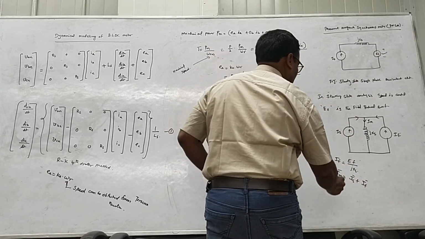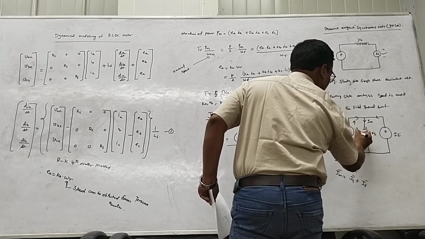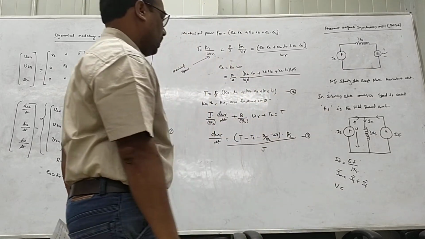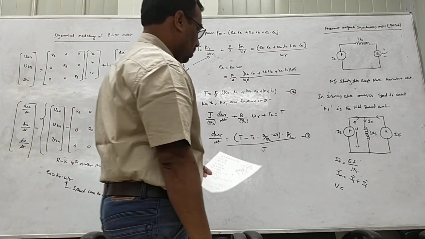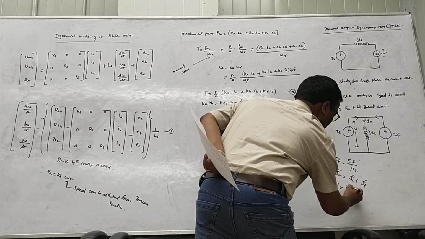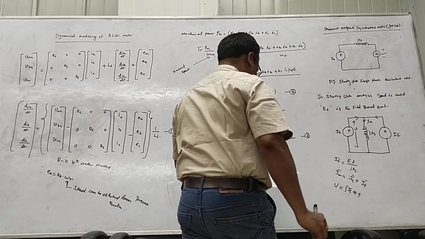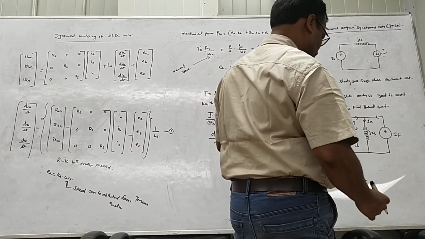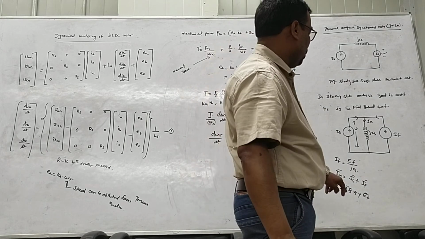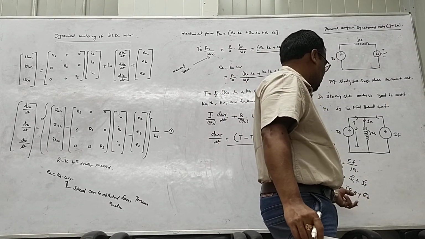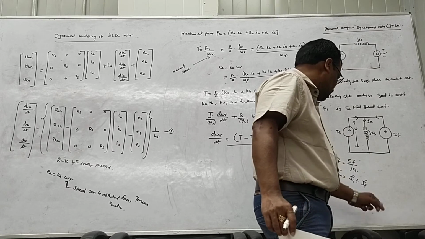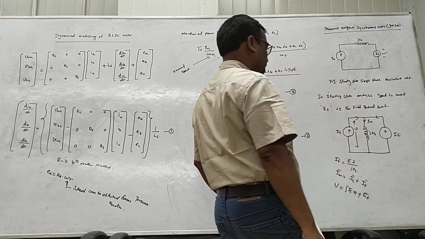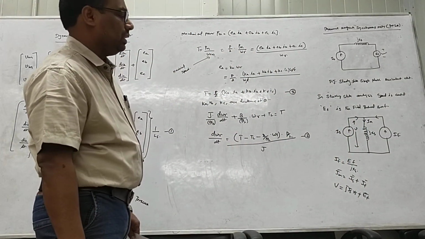And if you consider the voltage, this voltage V is equal to j Is Xs, the synchronous reactance drop, plus the field induced EMF. So the voltage V is equal to j I Xs plus Ef.